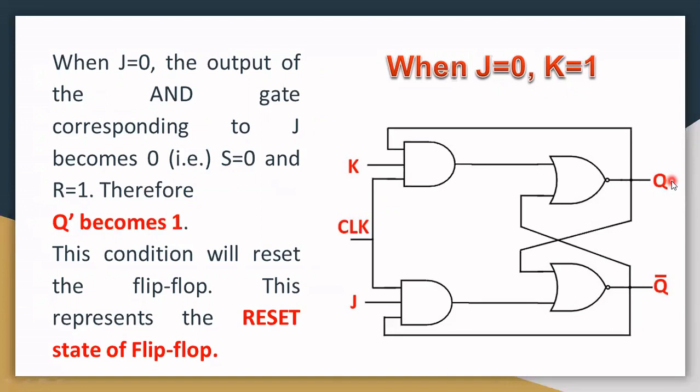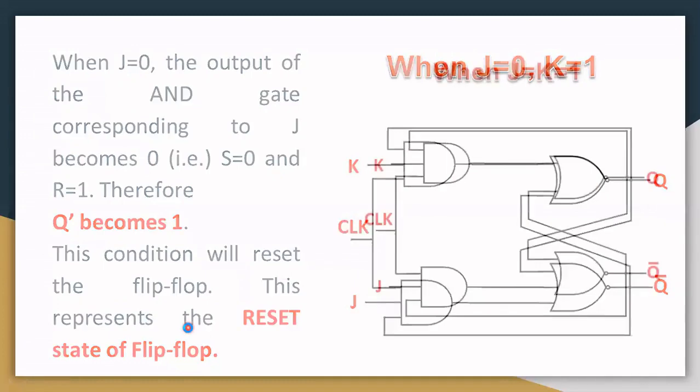So remember, whatever may be the previous state, maybe Q is equal to 1 or 0, when we are applying J is equal to 0 and K is equal to 1 and keep clock high, we get Q is equal to 0 and Q dash is equal to 1. That is reset state. So for JK flip-flop, when J is equal to 0 and K is equal to 1, this state is called a reset state of this flip-flop.